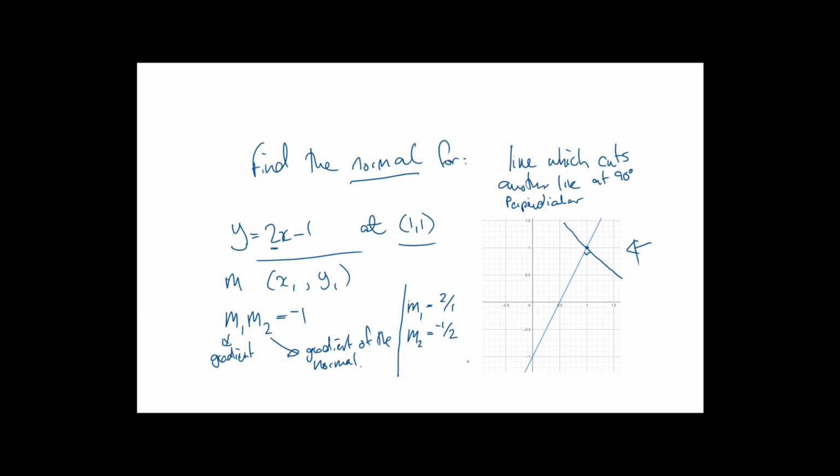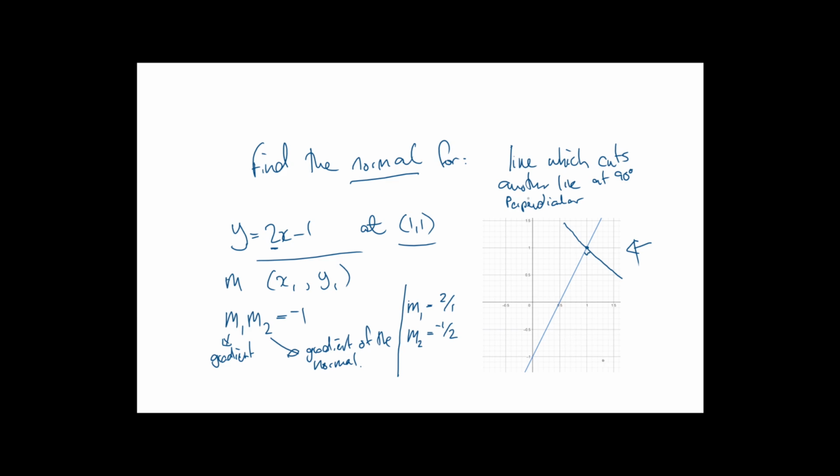The way we get there is if we know the gradient of the tangent in this kind of rise over run form, what we do is we flip it, so the numerator becomes the denominator and vice versa, and multiply it by -1.